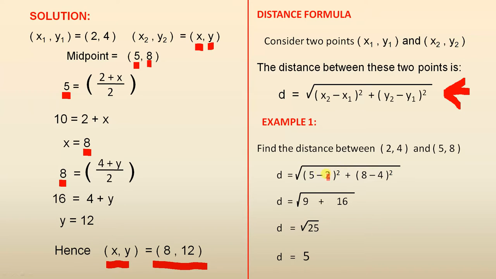So the distance is the square root of the difference of the x values squared plus the difference of the y values squared. 5 minus 2 is 3, 3 squared is 9, 8 minus 4 is 4, 4 squared is 16. 9 plus 16 is 25, square root of 25 is 5. So 5 is the distance between those 2 points, 5 units.